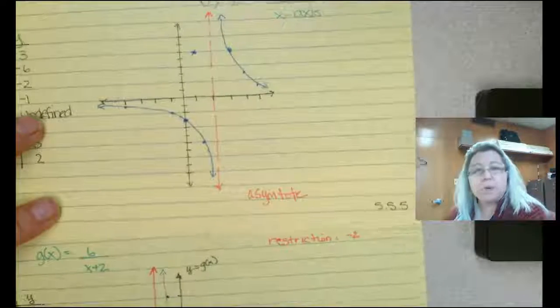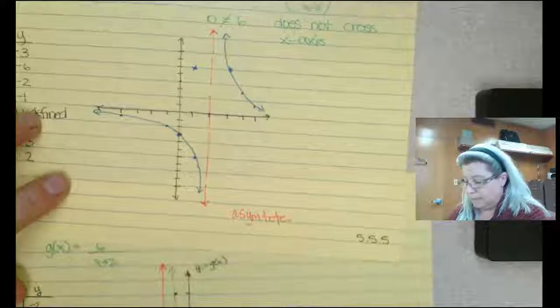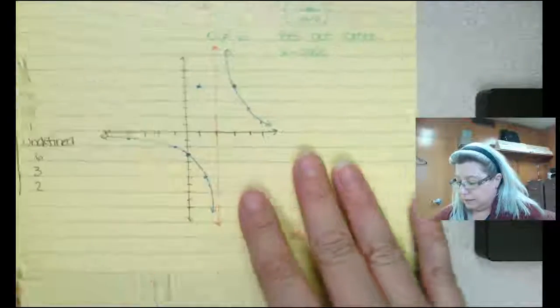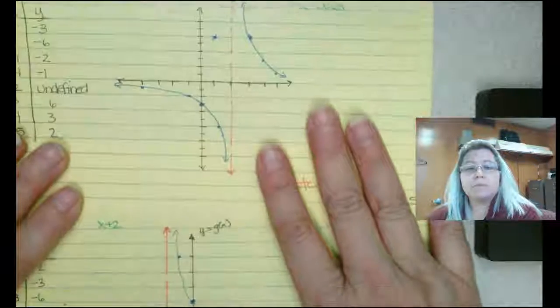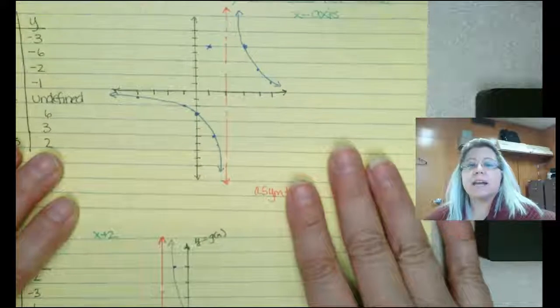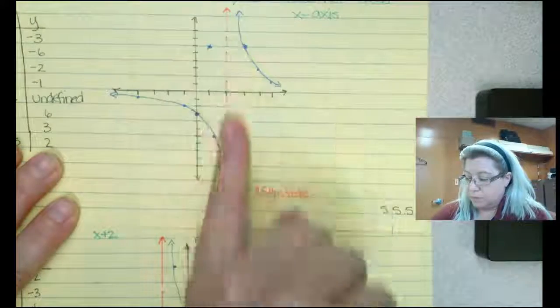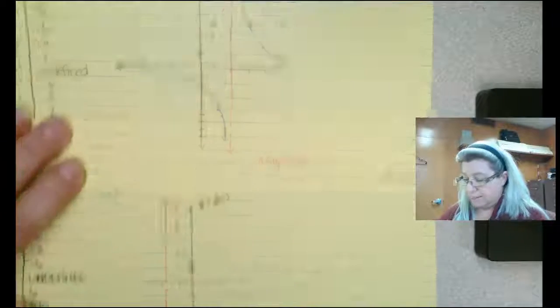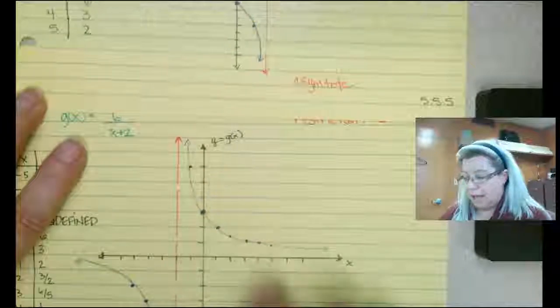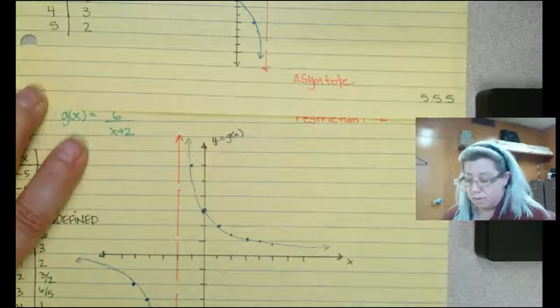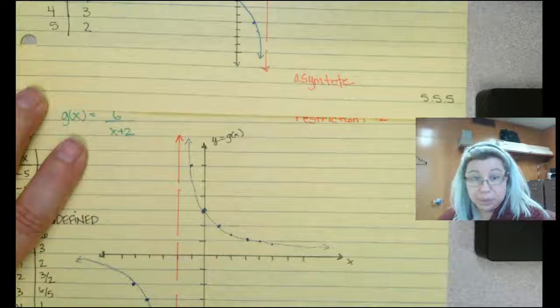Now I'm trying to get both graphs on the screen at the same time. Maybe I can do side by side a little bit better. No, not really. But let's kind of look at them as best as we can. Okay, I have the curve, but I have the restriction at 2 for f of x. I have the curve, but I have the restriction at negative 2.